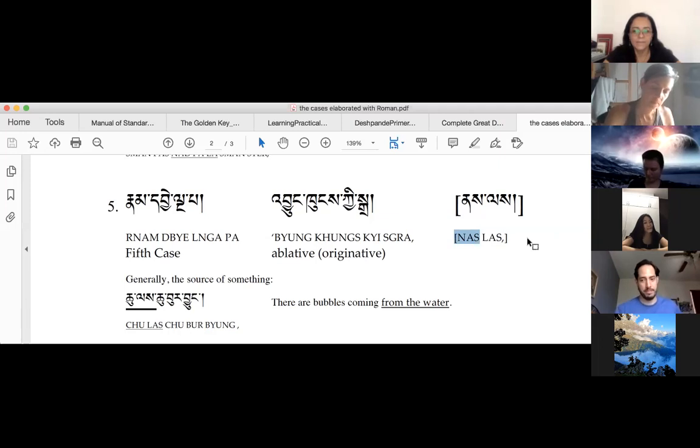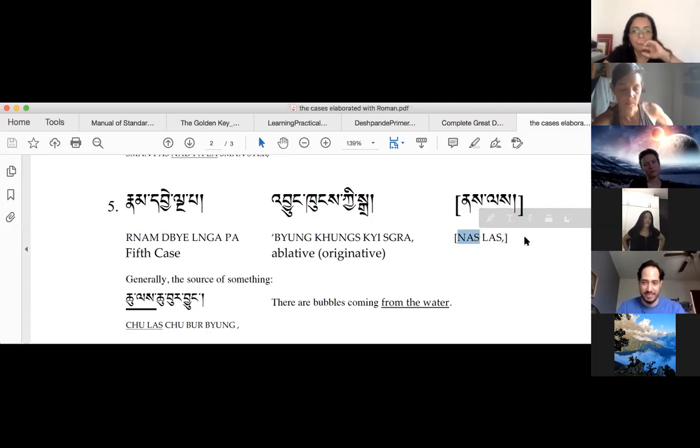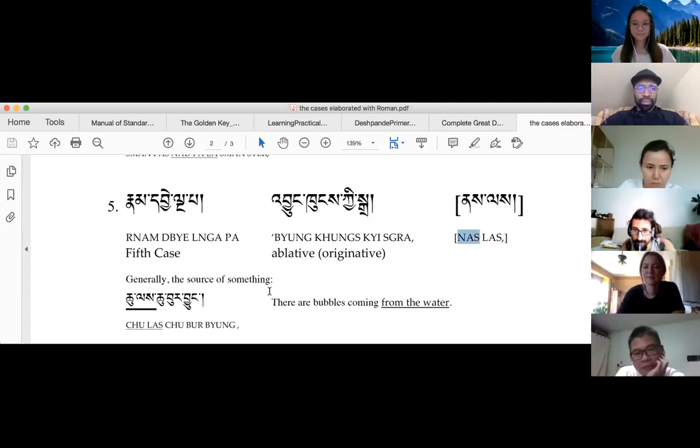Tsampa and momos and, I guess, yak meat and butter are like the staples of the Tibetan diet. So you don't see ne as barley that often in text, but you do once in a while, so you've got to look out for that.